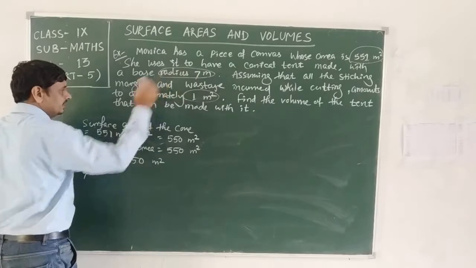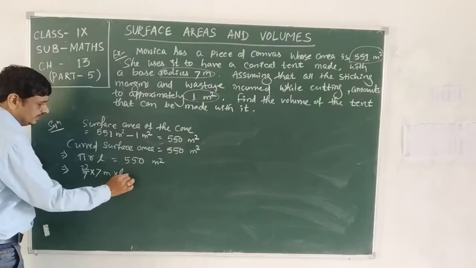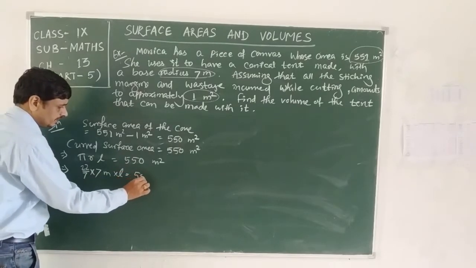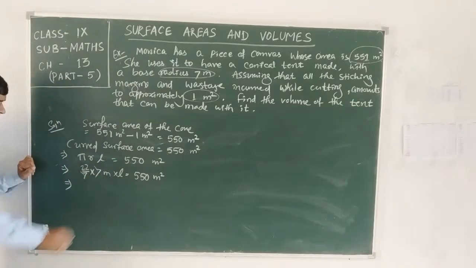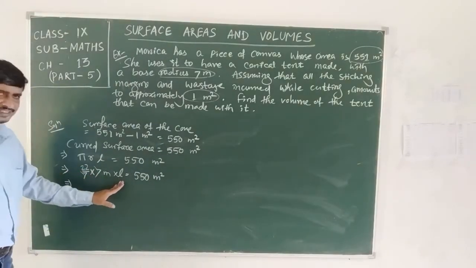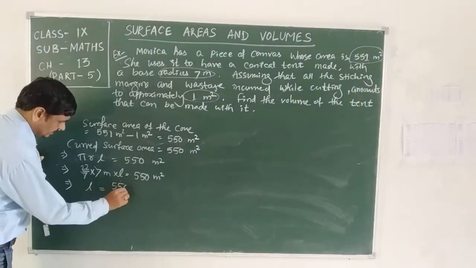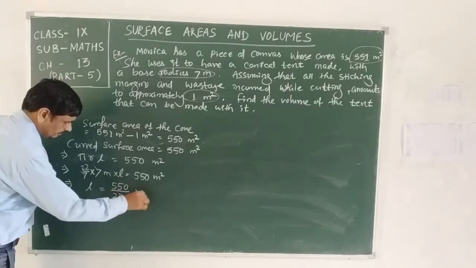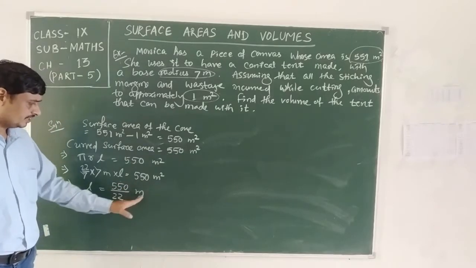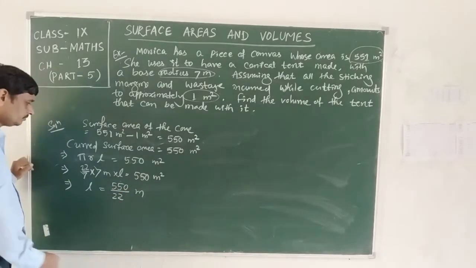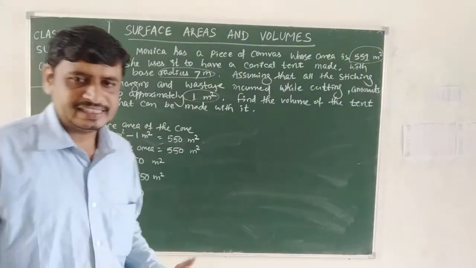Radius is given as 7 meters, into slant height, and it becomes 550 meters square. 7 cancels. It is 22 meters into slant height becomes 550 meters square. So slant height becomes 550 by 22 meters. Meter square by meter, cancel one meter. 550 by 22 gives 25.